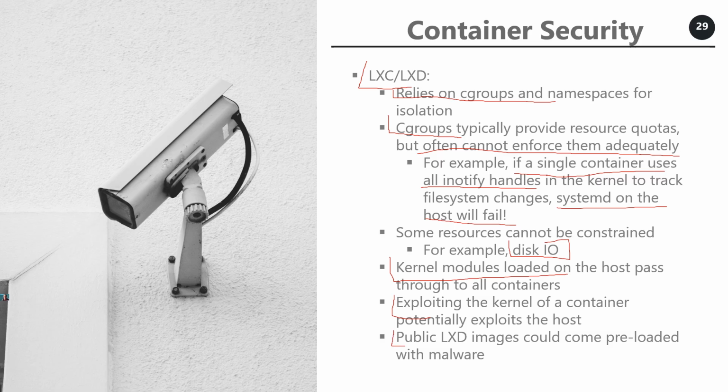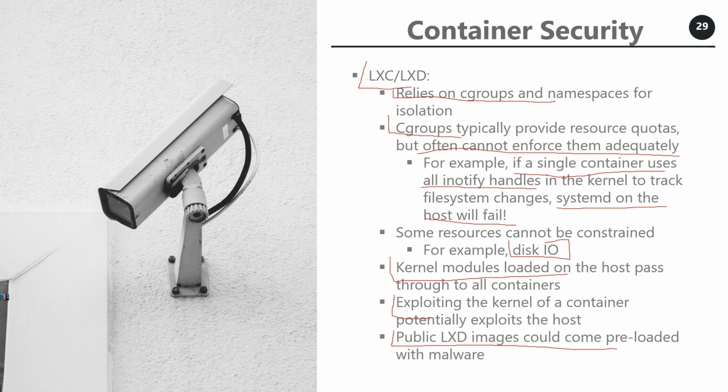Public LXD images could be preloaded with malware. You will see, even with Docker Hub, when we go to the repository, you will see the ones that are official or were checked.